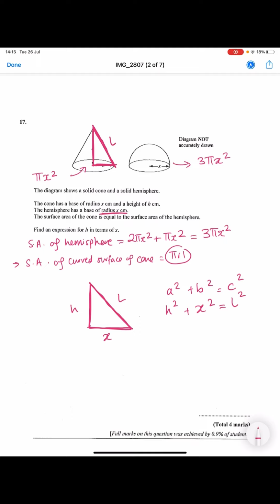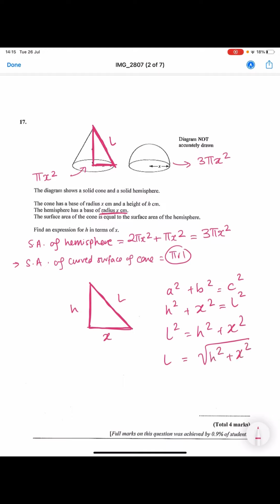Okay, so what does that mean for L? We can't introduce another letter into this equation. We should keep it in terms of h and x. So if L squared equals h squared plus x squared, L is the same as the square root of h squared plus x squared.